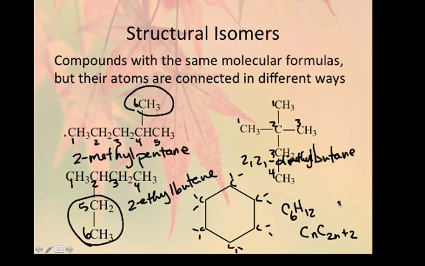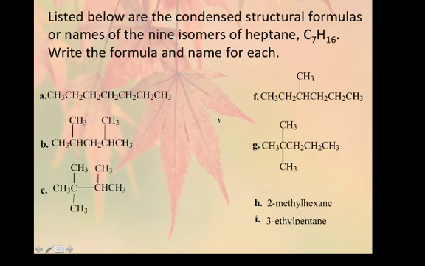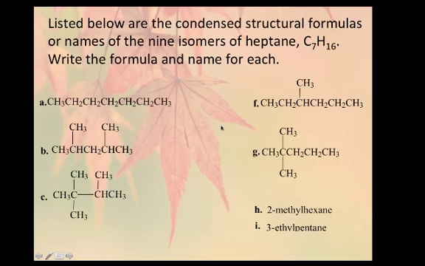So structural isomers are the ones that have the same molecular formulas, but their atoms are connected in different ways. This arrangement of atoms creates a different chemical property and a different physical property, such as density or boiling point or whatever.